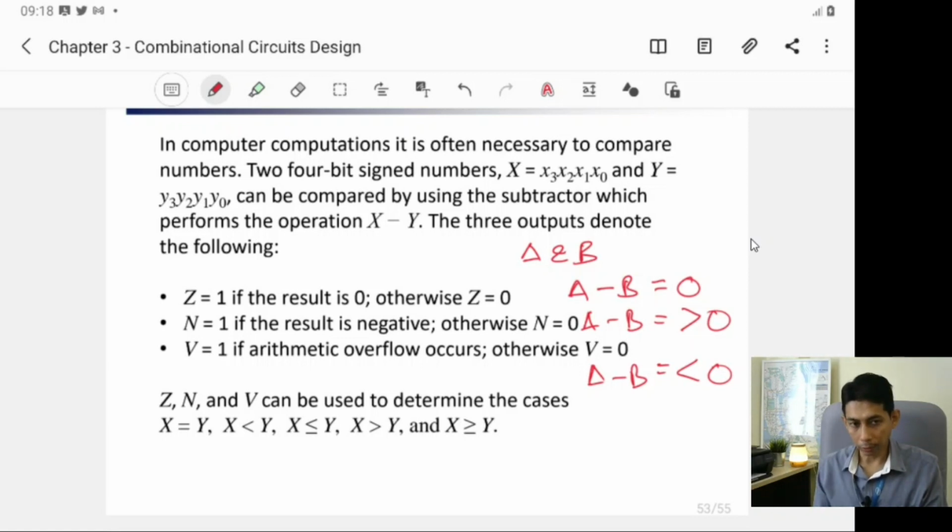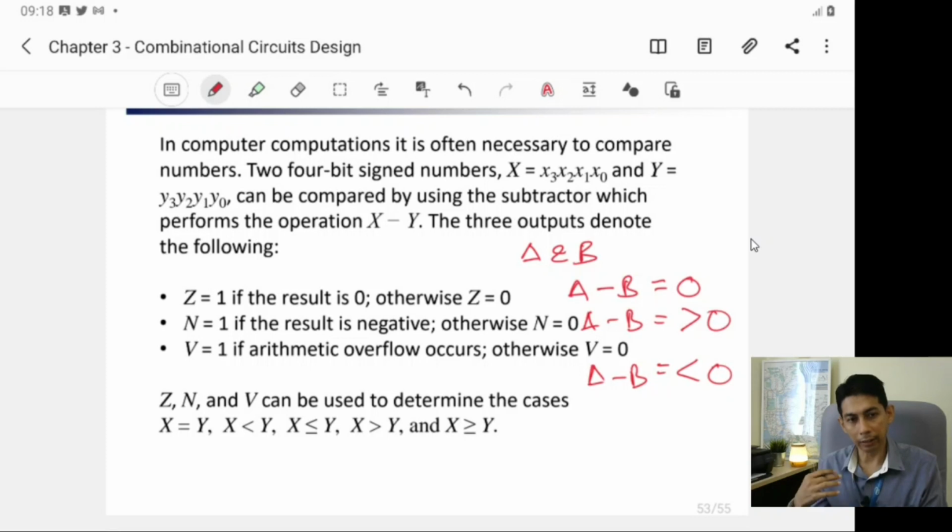Okay, so in conclusion, we can use an adder or subtractor, in this case a subtractor, to be our comparator. Just look at the sign of the result, whether positive or negative, or whether it is 0 or not.